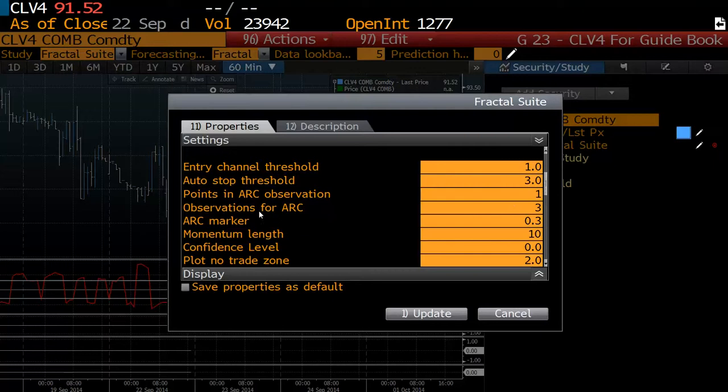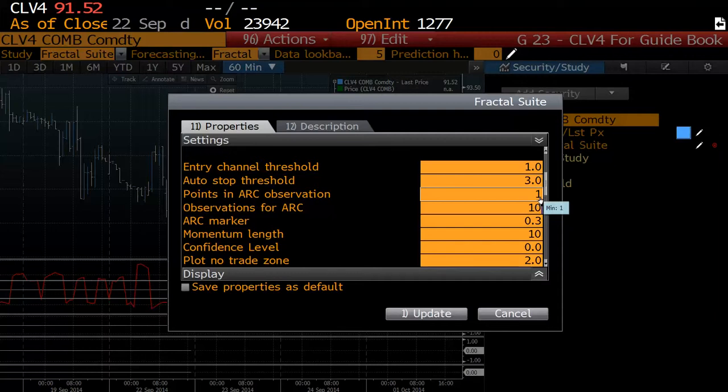Now the sensitivity of this arc can be adjusted as well. Currently I have the observations for the arc set at 3. The default is 10, which means that it's looking at 10 different observation points. The observation points consist of the closing price of both the instrument or the market that's being traded and the predictor.